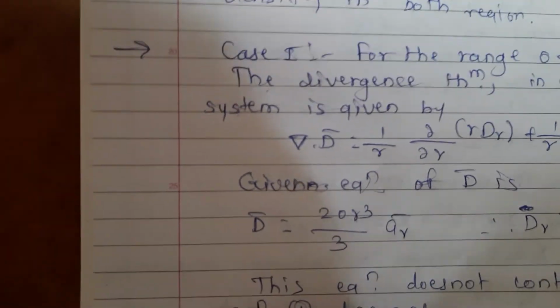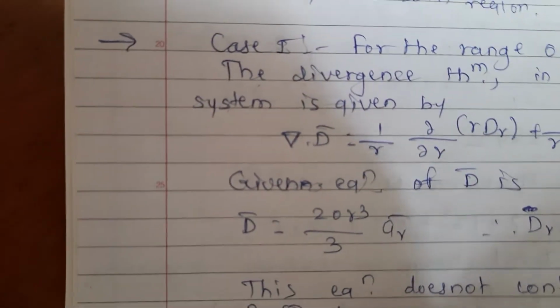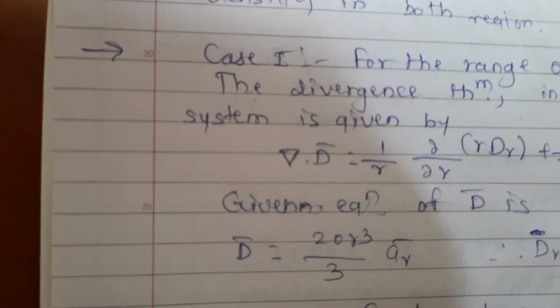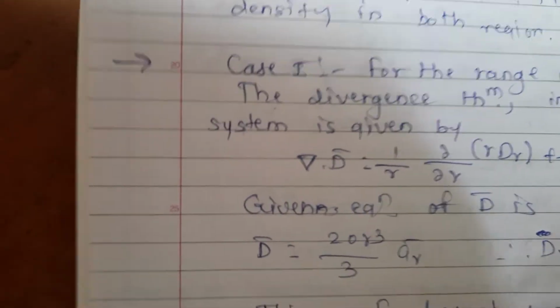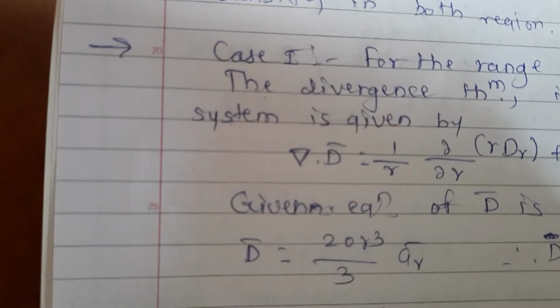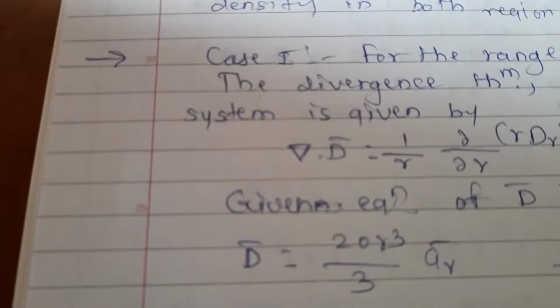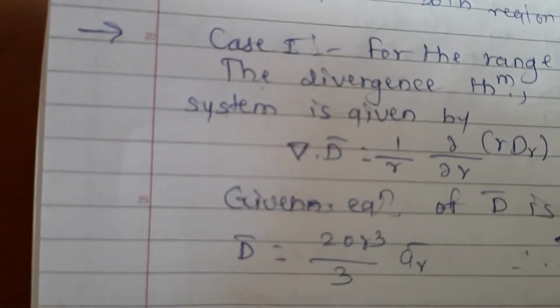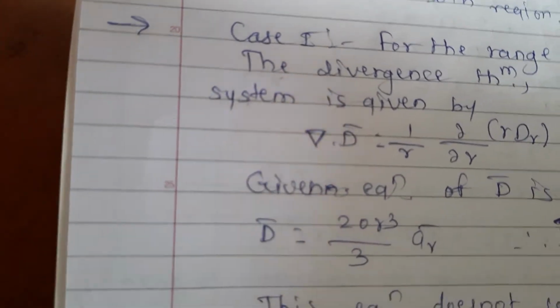del dot D bar is equal to 1 by r del by del r of r into 20 r cube divided by 3.